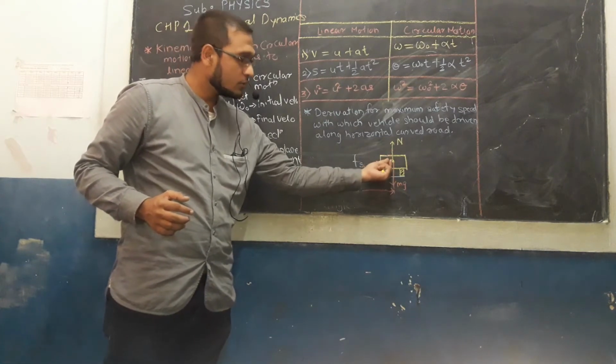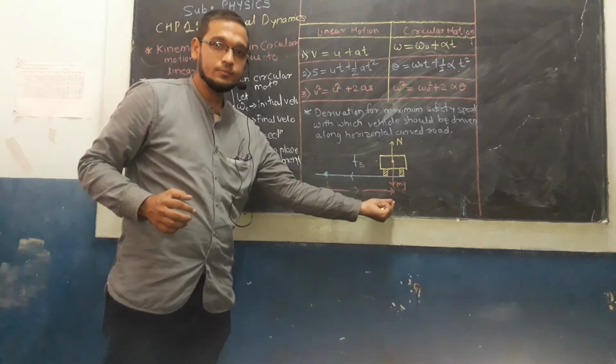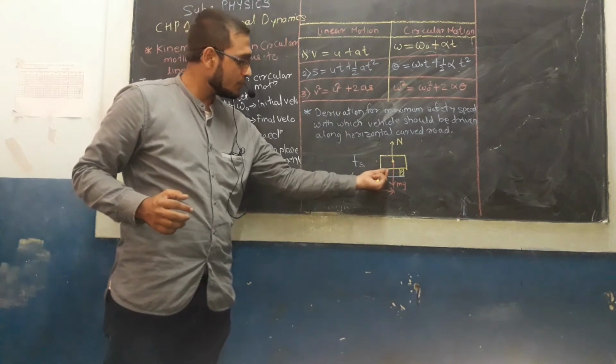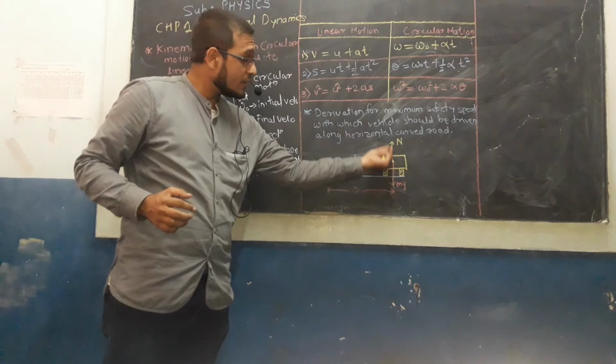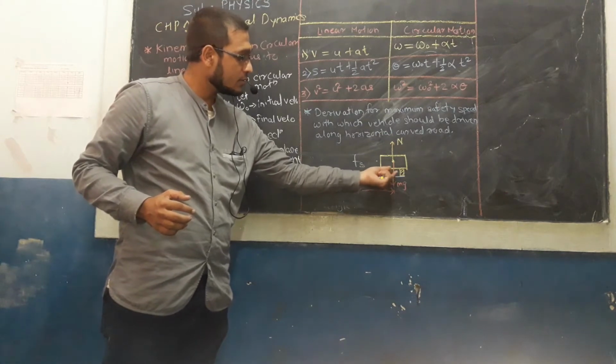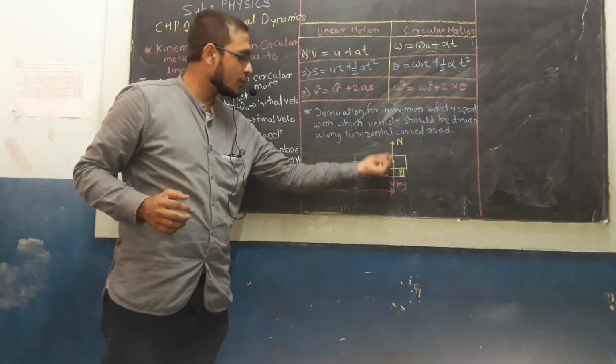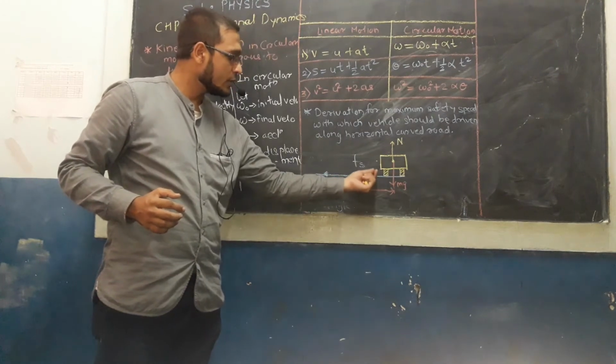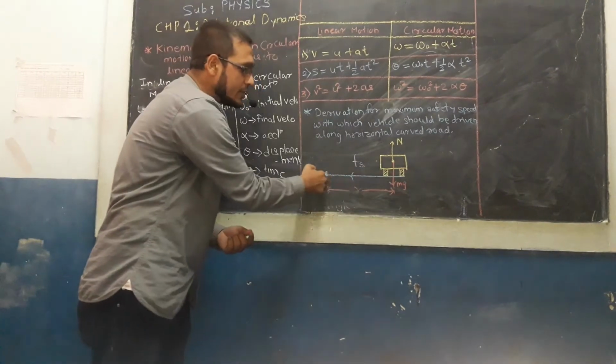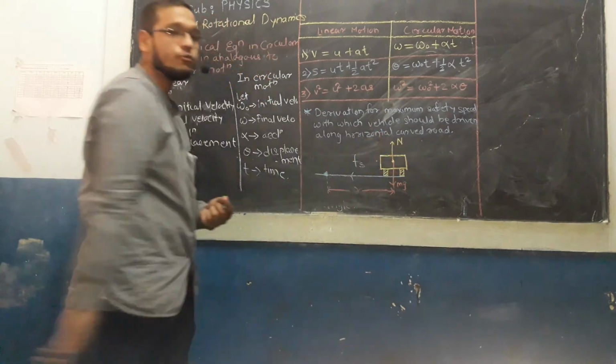So that weight is always directed downward, and while in motion, it requires a normal reaction so that it is in contact with the surface of the road. That normal reaction is always perpendicular to the force of friction. So force of friction is in this direction, normal reaction is perpendicular to force of friction.